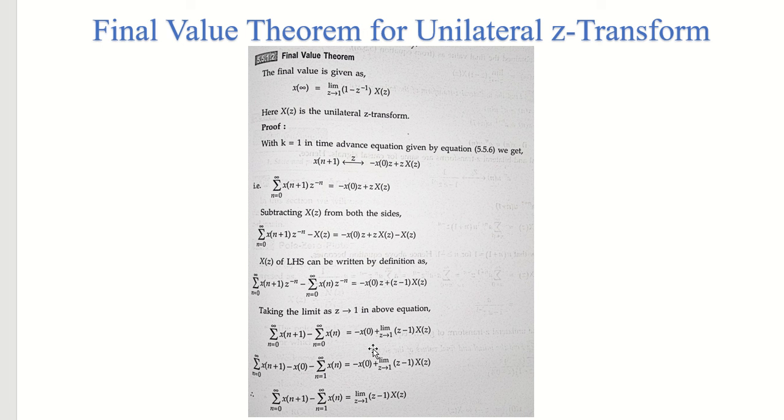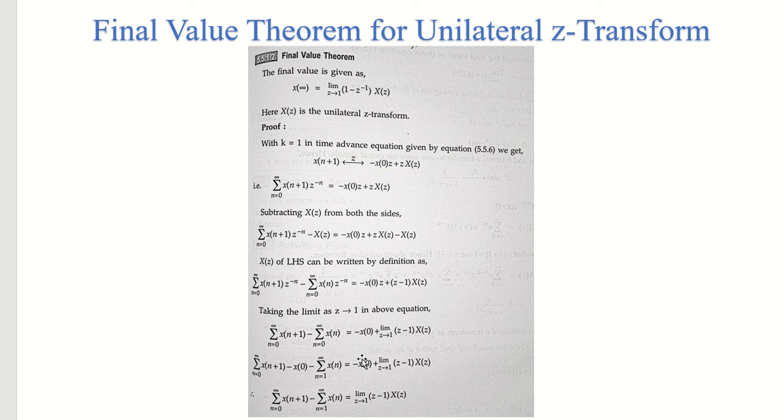Now you can write it this way as well: summation n equals 0 to infinity x of n plus 1, minus x of 0, minus summation n equals 1 to infinity x of n, something that we did earlier when we were talking about the time shifting theorem or time shifting property. We did the same thing, remember? So we can do the same thing again and equate it the same way.